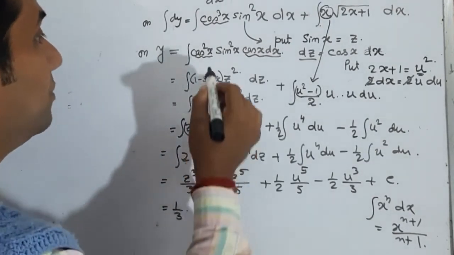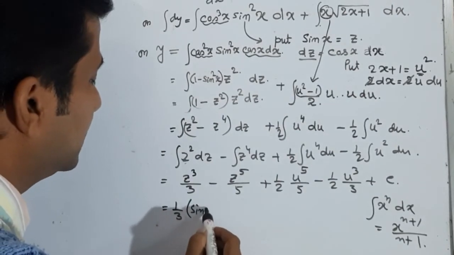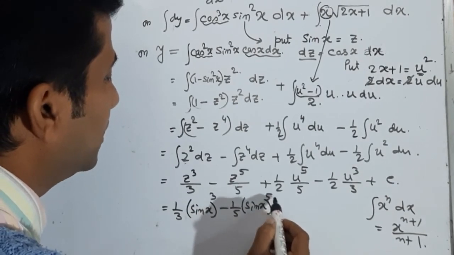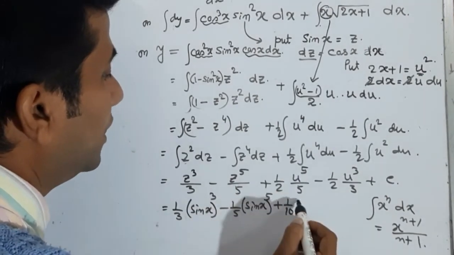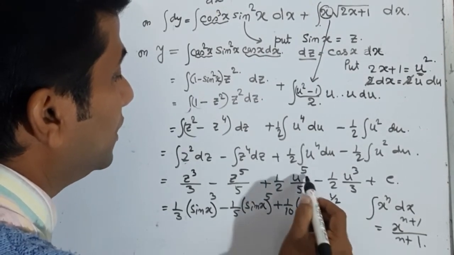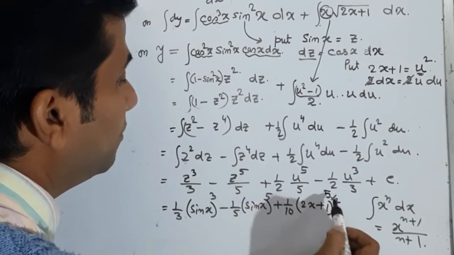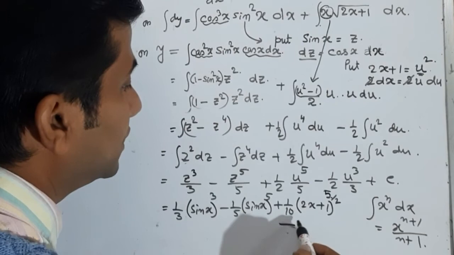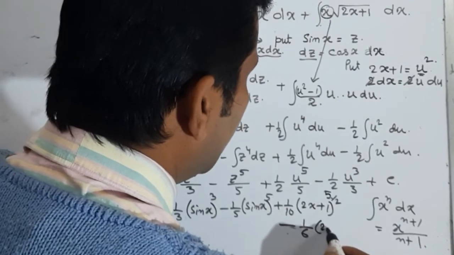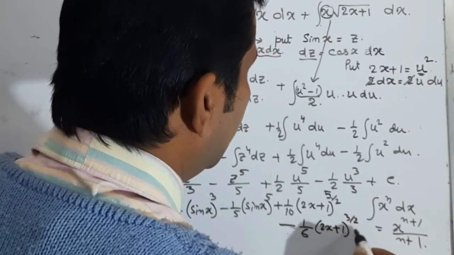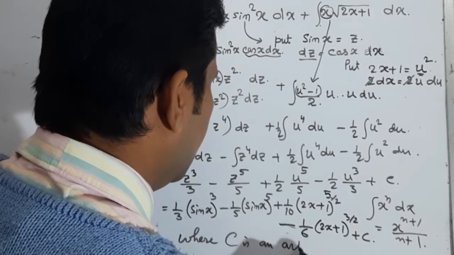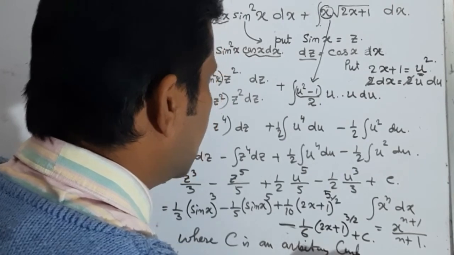Z means here sin x, so (sin x)³/3 minus 1/5 (sin x)⁵ plus 1/10 (2x+1)^(5/2) minus 1/6 u³, meaning (2x+1)^(3/2), plus c, where c is an arbitrary constant.